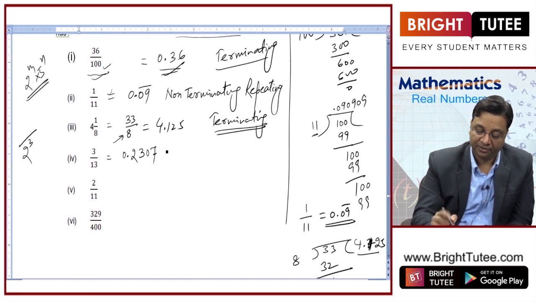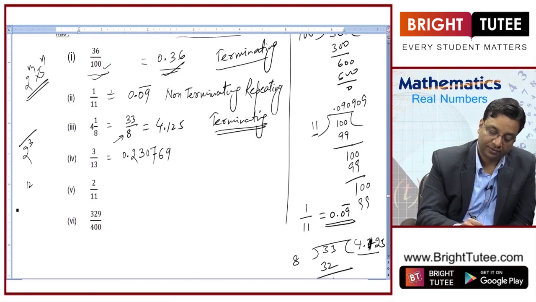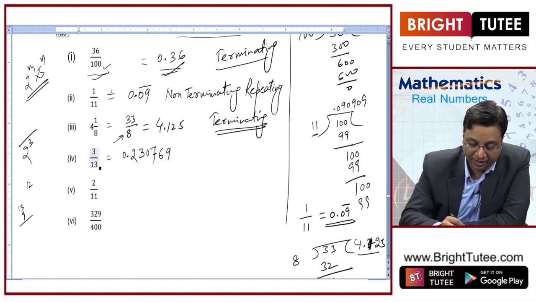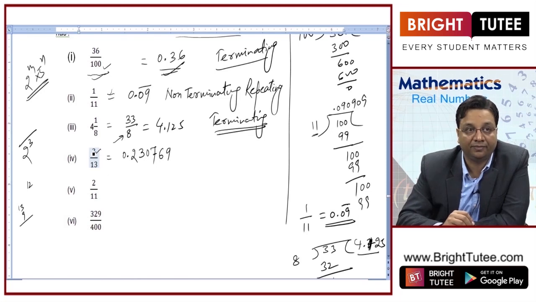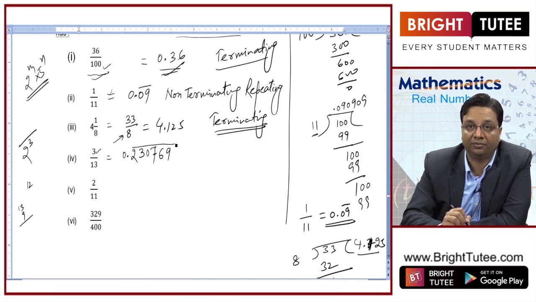So, 9 is the remainder, 13 6s are 78. So, 12 is the remainder, 13 9s are 117. So, 3 is the remainder. When 3 is the remainder, it will start repeating, because we started with 3 here. So, this is the repeating block of numbers.